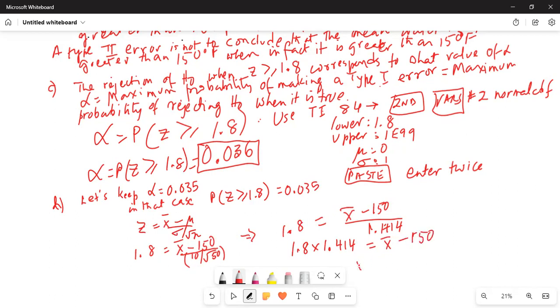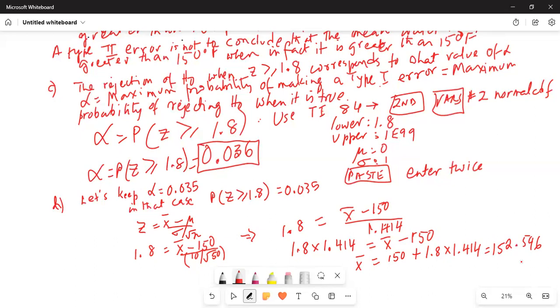And then x bar becomes equal to 150 plus 1.8 times 1.414, and that results in x bar equal to 152.546. Okay.